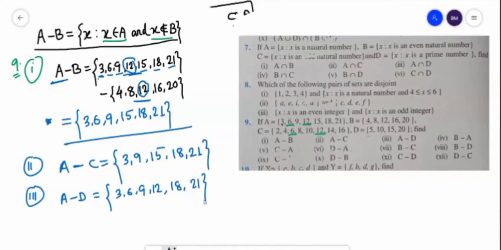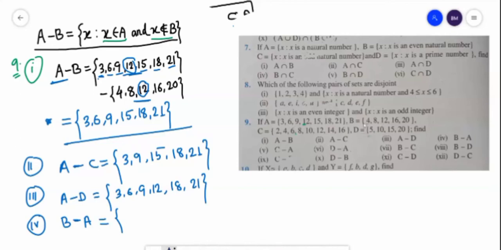Number 4, B minus A. The definition is that the elements will be in B but not in A. That is the definition of B minus A. Now B is the multiples of 4.